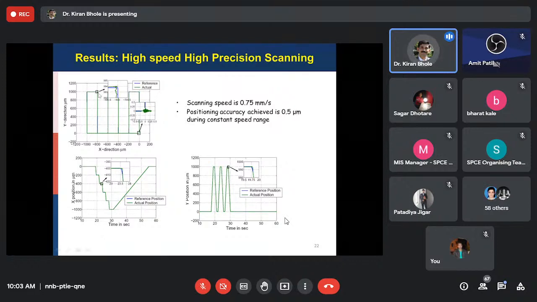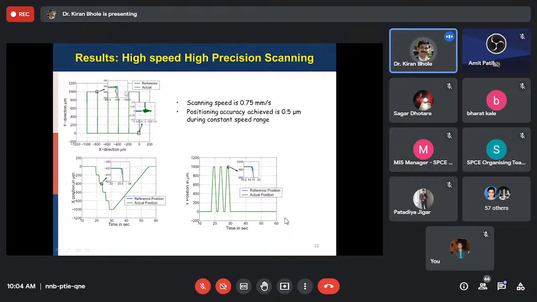The error is going to be maximum at the corner, so when the mechanism moves 90 degrees, the error is maximum at that particular point where the direction of motion is changed. So this particular corner is then highlighted.